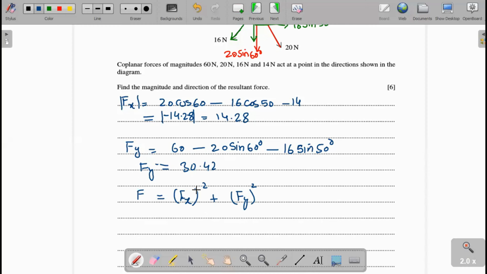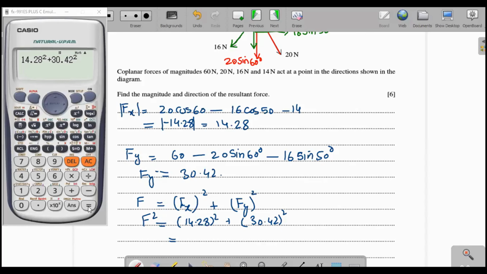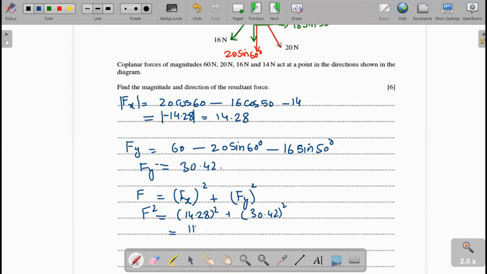Here the value is 14.28 whole square plus 30.42 whole square, and we get F square, that is equal to 129.3.